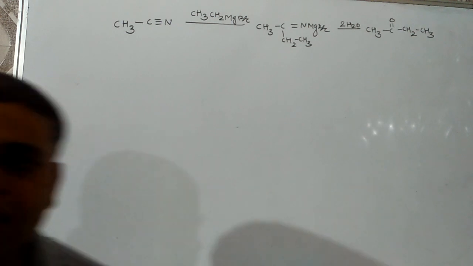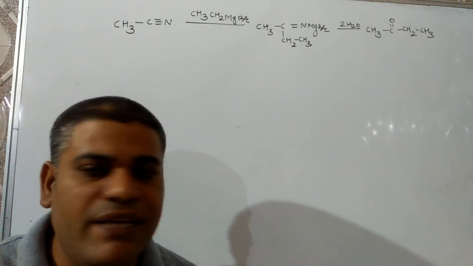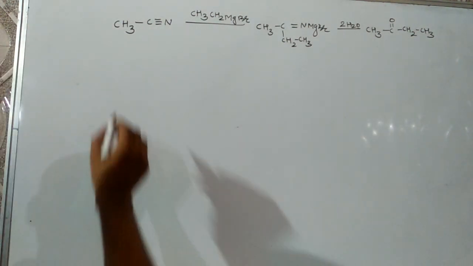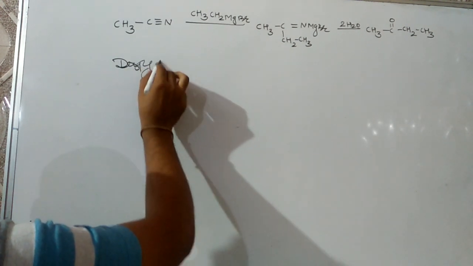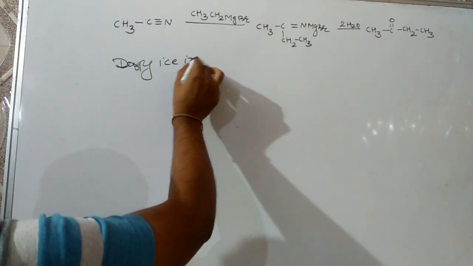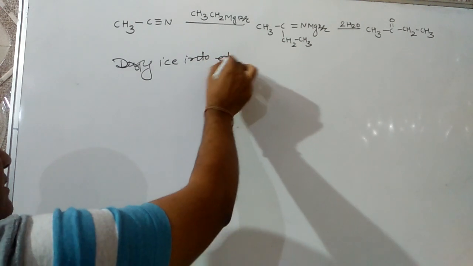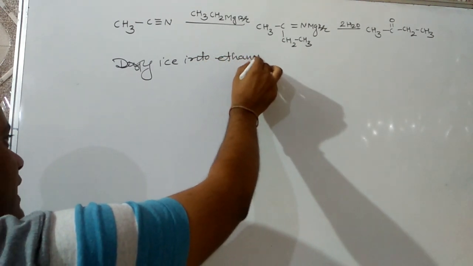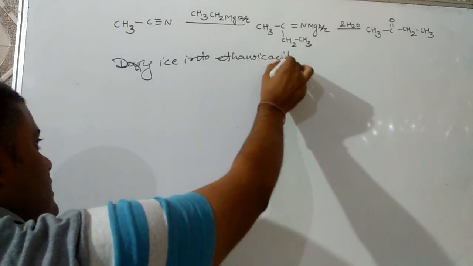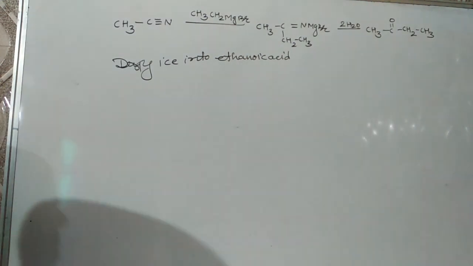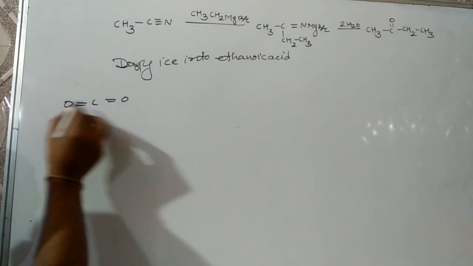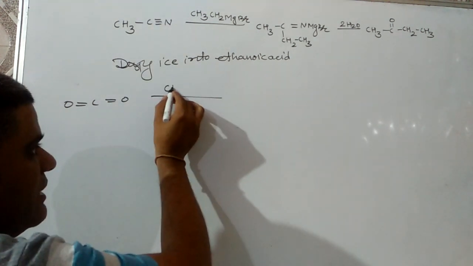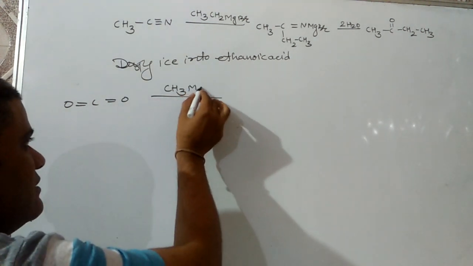And the last conversion on the basis of Grignard reagent that I am discussing is: convert dry ice into ethanoic acid, or solid CO2 into acetic acid. As we know, dry ice has formula O double bond C double bond O. We have to increase 1 carbon, then add CH3MgBr.